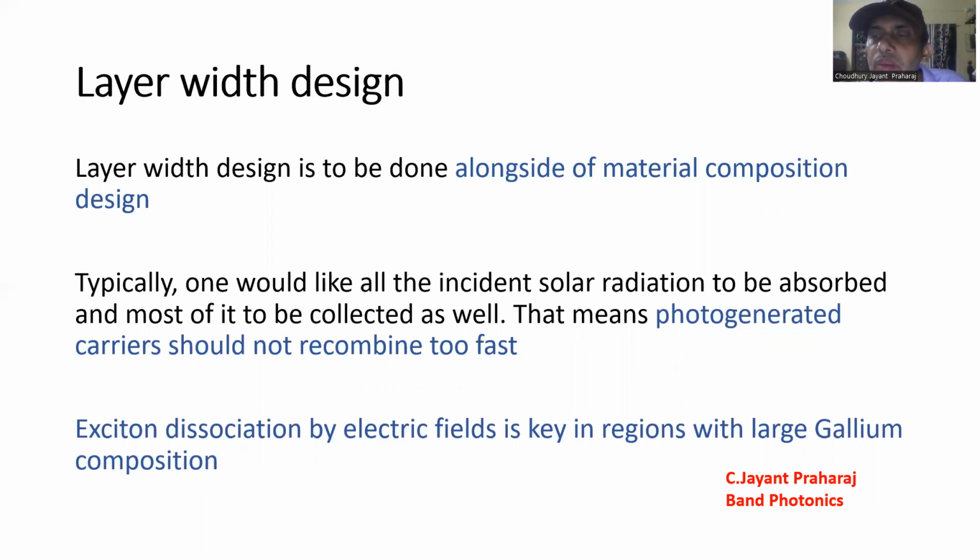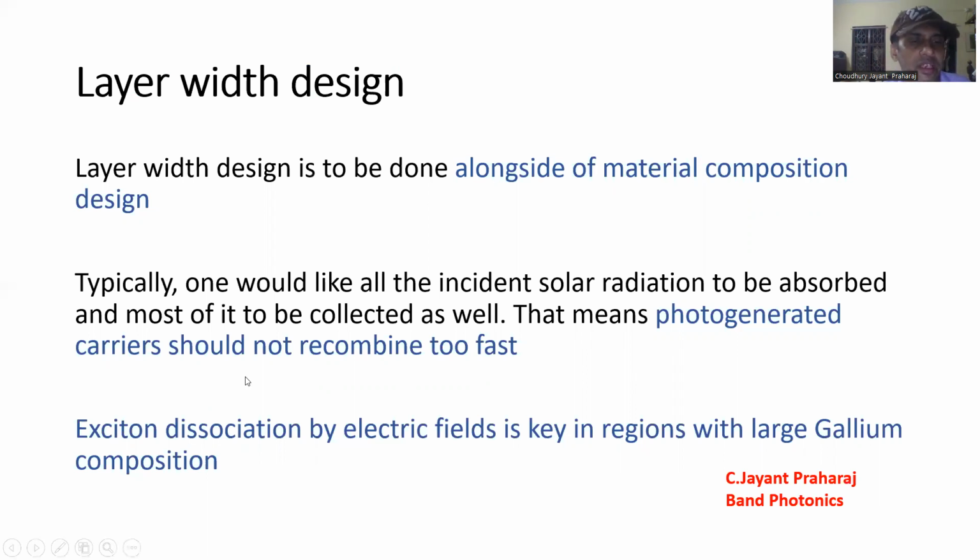We need to minimize dislocations in these materials. We need to minimize any kinds of deep states, for example, due to vacancies in these materials. So those are all, again, material considerations that go to deciding device characteristics and solar cell optimization.